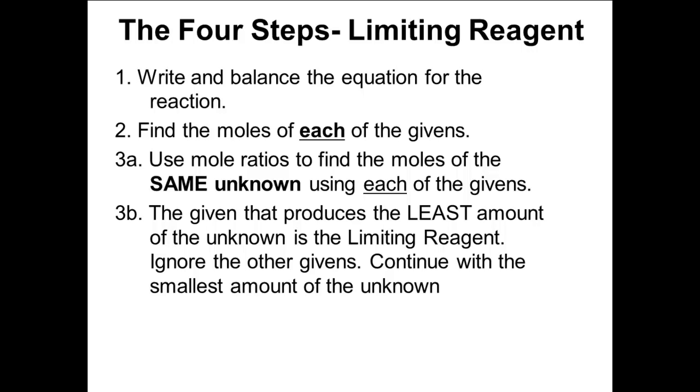The given that produces the least amount of unknown is the limiting reagent. Ignore the other givens. Continue with the problem with the smallest amount of the unknown. Step 4. Find the answer. You may pause the video to write this list down if you wish.